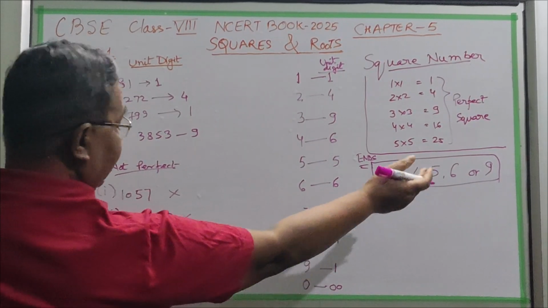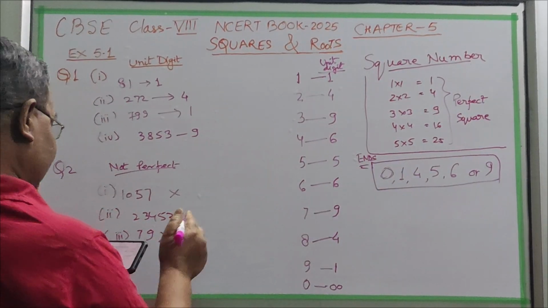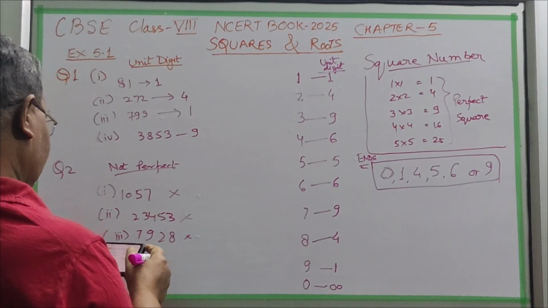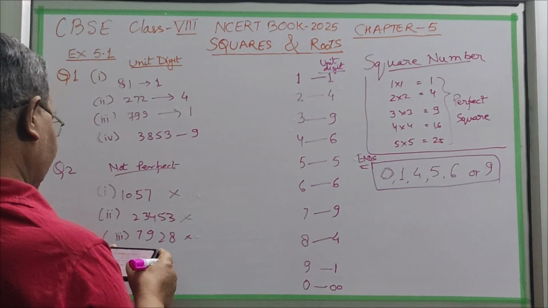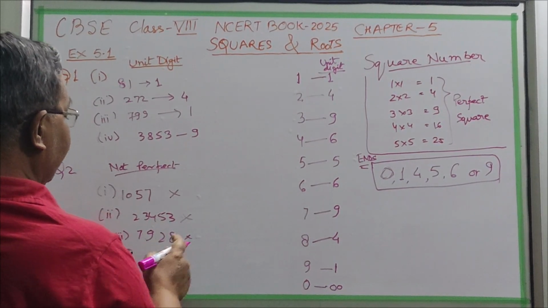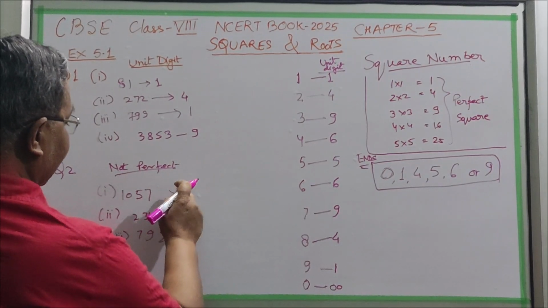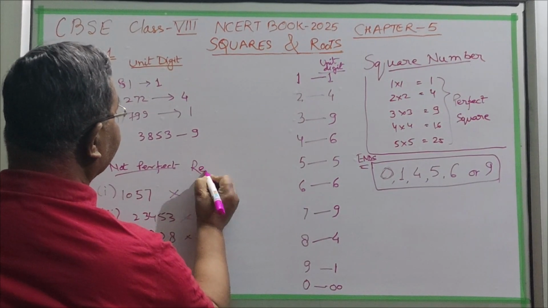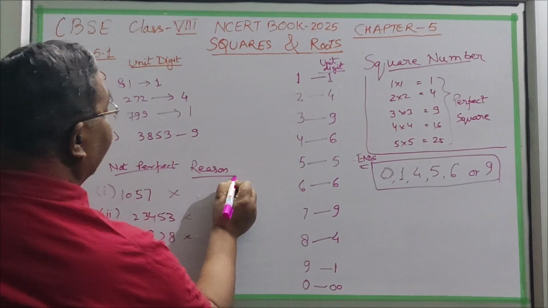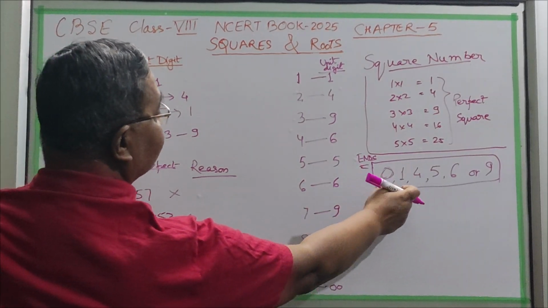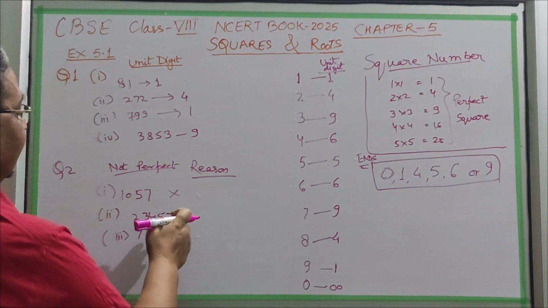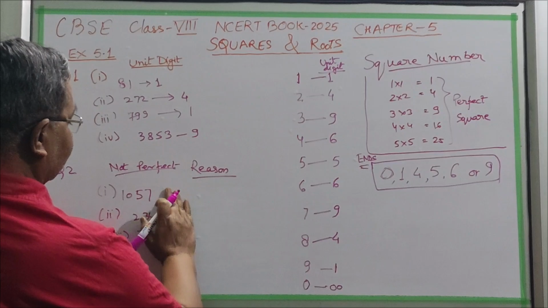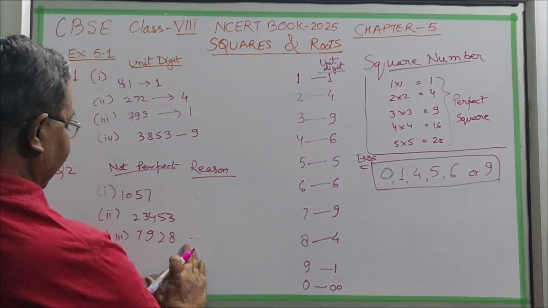It is also not a perfect square. They are asking for the reason also. The reason: if any number ends with these digits, then only it can become a perfect square. So these numbers are not perfect squares.